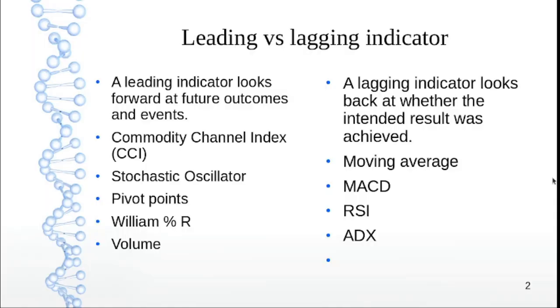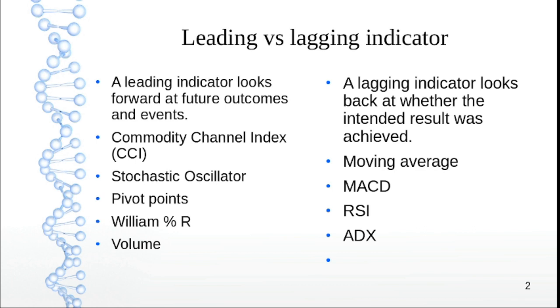So let's understand what leading and lagging indicators are. A leading indicator looks for future outcomes and events, whereas a lagging indicator tells you what has happened in the past. So moving averages, the very famous MACD, RSI and ADX are lagging indicators, which tell you what has happened in the past because they are derived from past data, whereas leading indicators show you what could happen in the future.